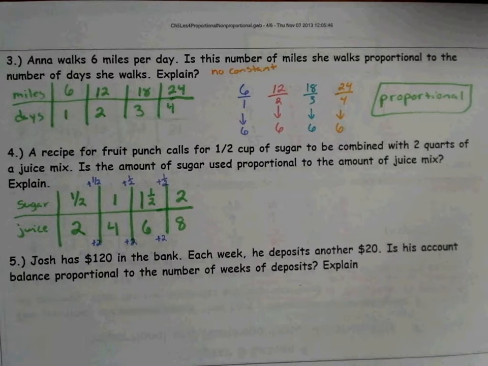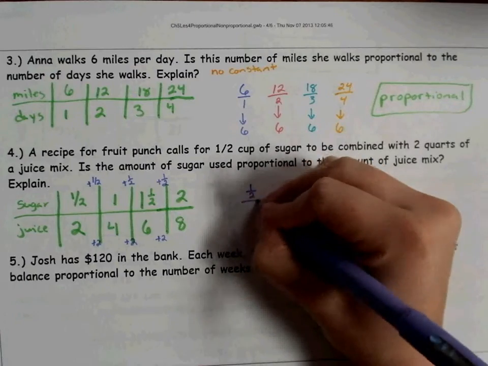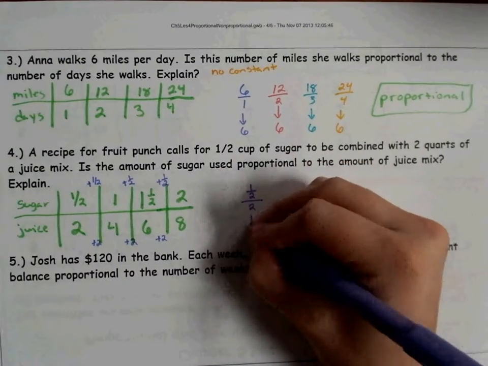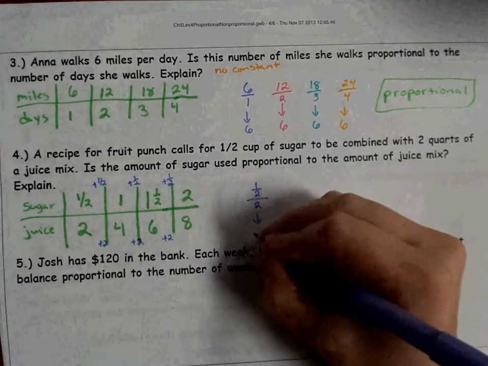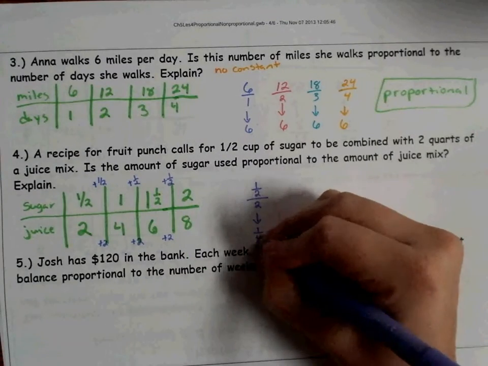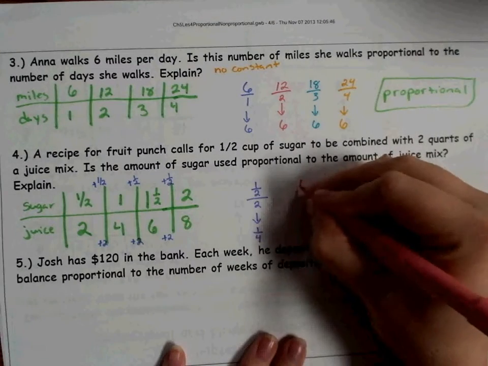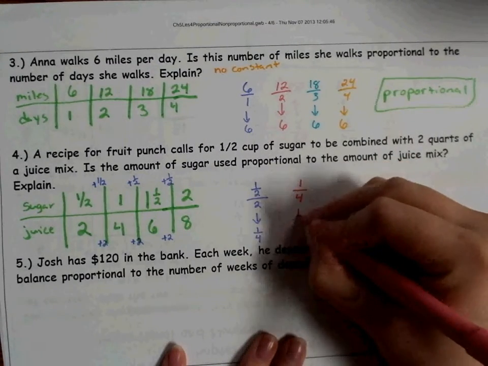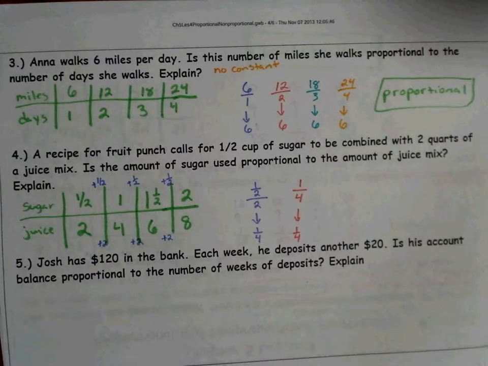Now, let's double check to make sure. We have 1/2 over 2. If we do 1/2 divided by 2, that's going to give us 1/4. Then we're going to take 1 and divide it by 4. That's going to give us 1/4, or 0.25 if you want to do it that way.